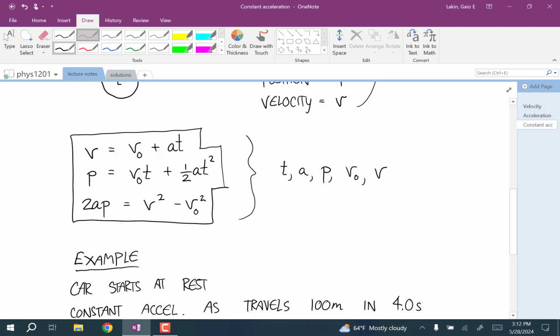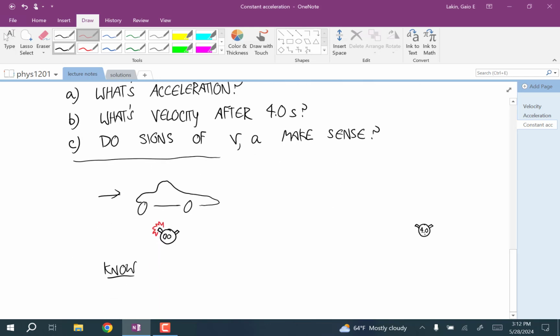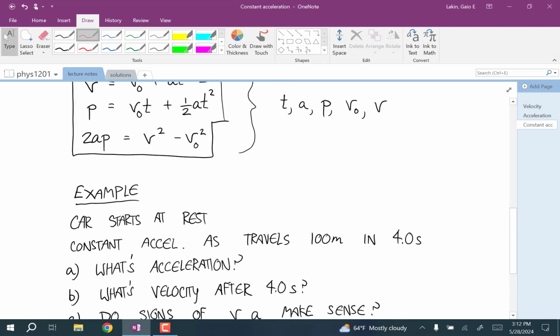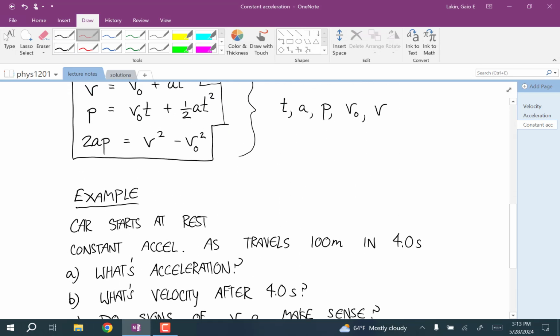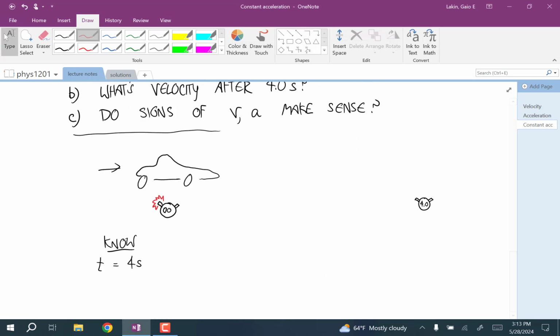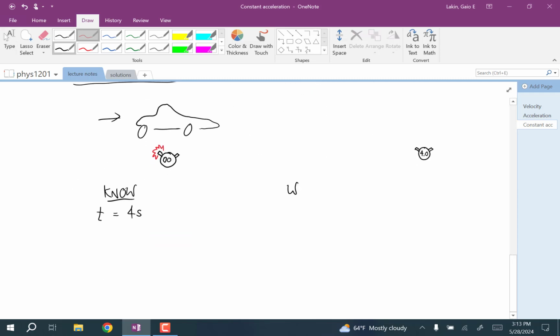That's just 5 variables. So let's list out which ones we know. At this later instant, we know that our time t is going to be 4 seconds. So I'm going to write t is equal to 4 seconds. Our acceleration, well, we're trying to calculate that. So over here, what we want is the acceleration.